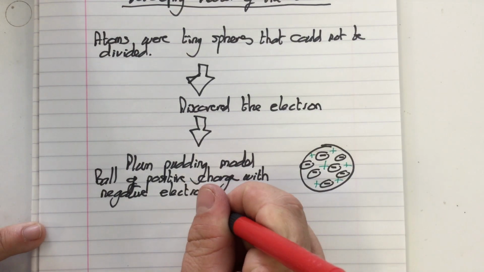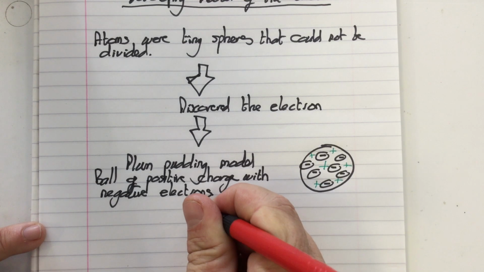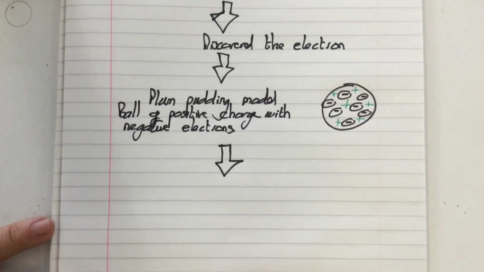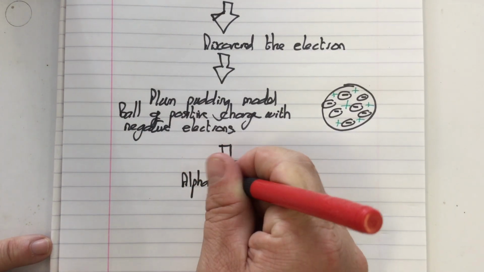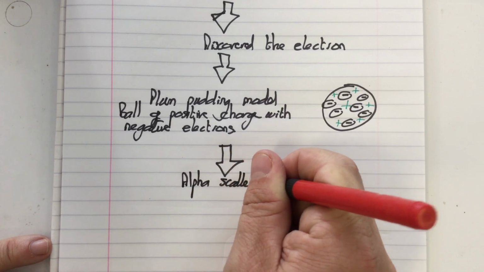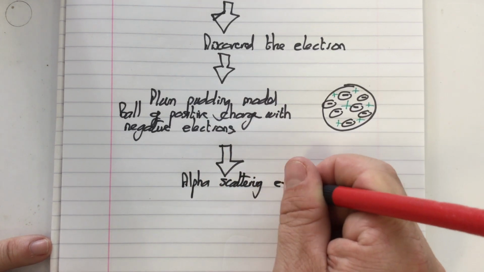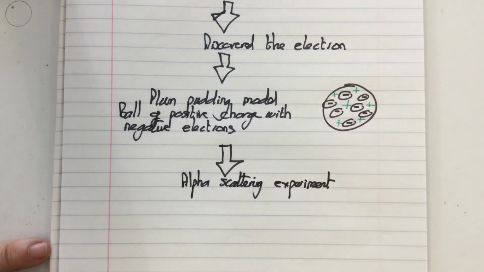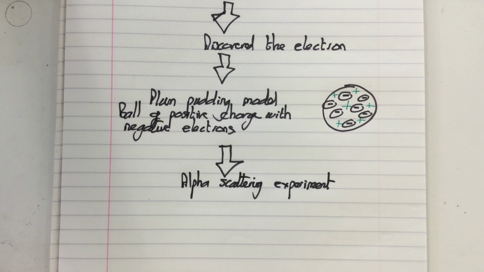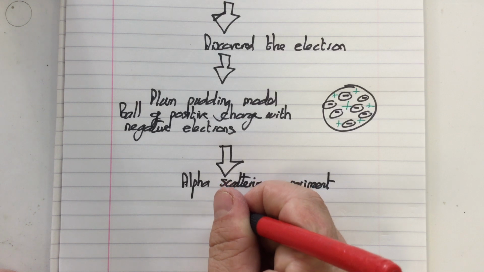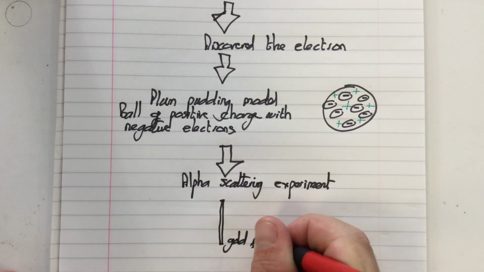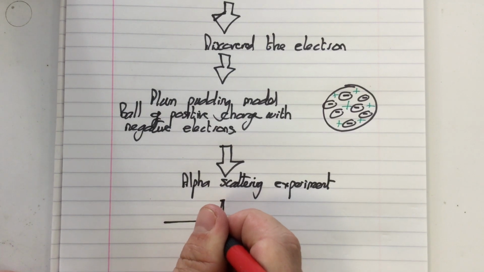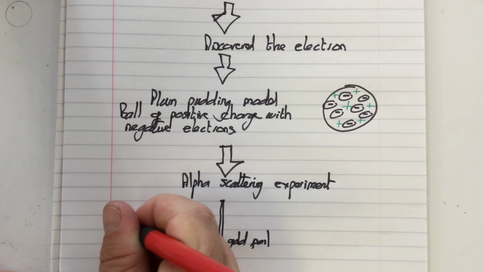Then they kept experimenting, and Ernest Rutherford and his students at Manchester University did a very famous alpha scattering experiment. This is where he got some gold foil and fired alpha particles at it.